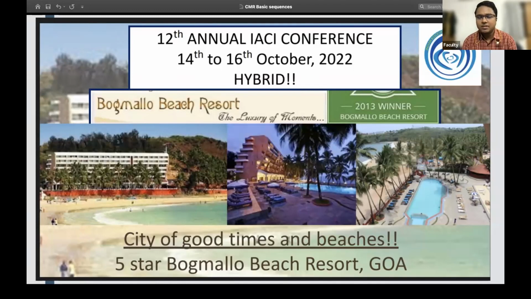But just to say that the 3D navigator based sequences have been available for some time for imaging the coronaries, but they are still not up to the level of using it for coronary artery disease per se. They can be used for looking at anomalous coronary origins or the proximal coronaries. But I don't think they are still at the level of imaging per se for coronary artery disease.